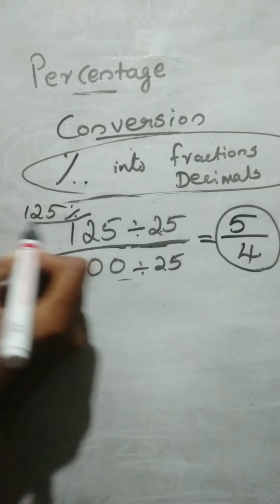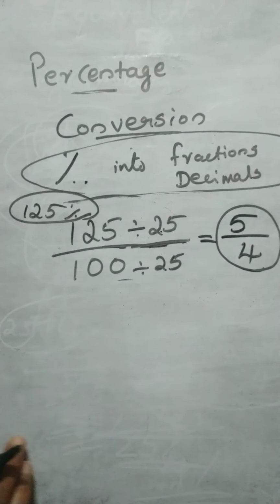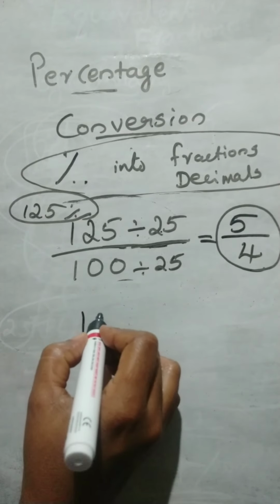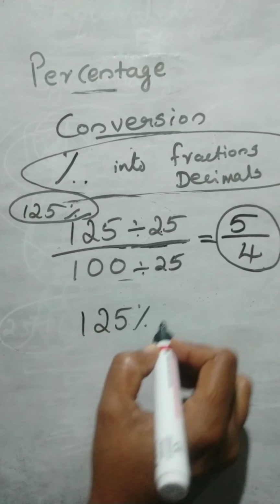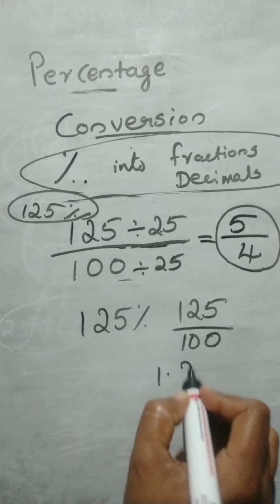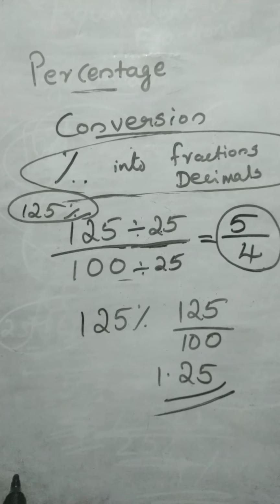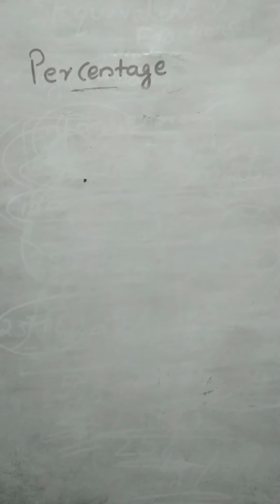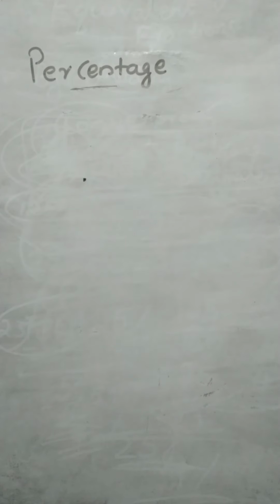Okay, simplest form. Then we have studied the decimal form: 125 percentage is equal to 125 on 100. The decimal form is 1.25. Okay, you got it? I think you got the idea, the conversions of percentage into fraction and decimal form. Also decimals into fractions and fractions into percentage. Everything we studied.